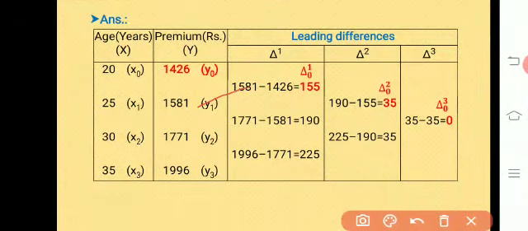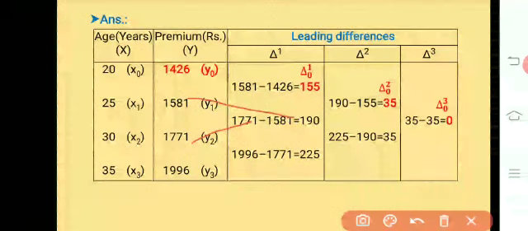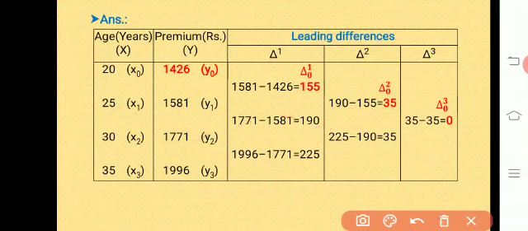This is 1581 minus 1426, and this difference you will get 155. Similarly, 1771 minus 1581, you will get 190.